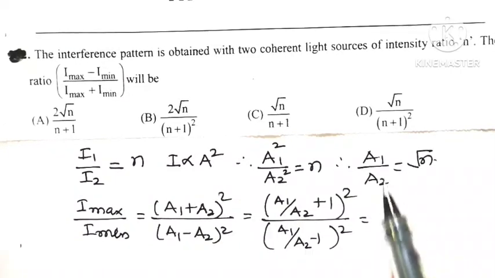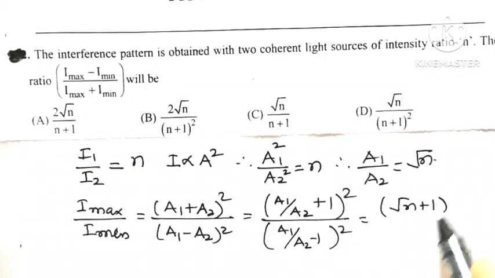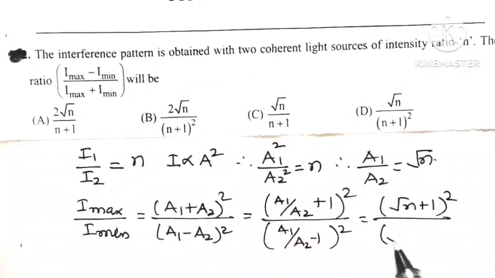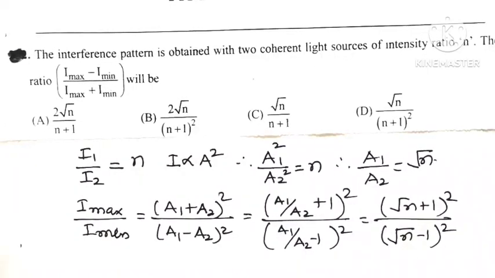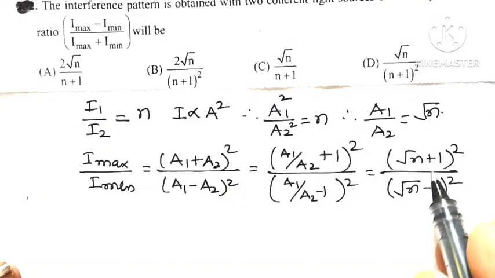What is A1 by A2? A1 by A2 is root n. So it is (root n plus 1) whole square upon (root n minus 1) whole square. Now Imax upon I minimum we know.